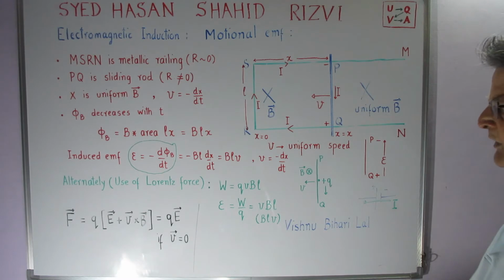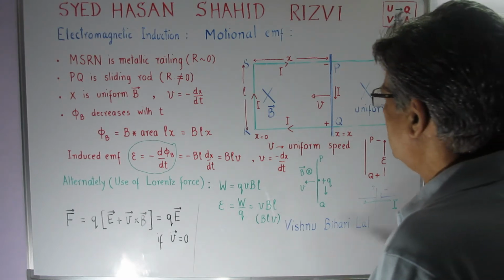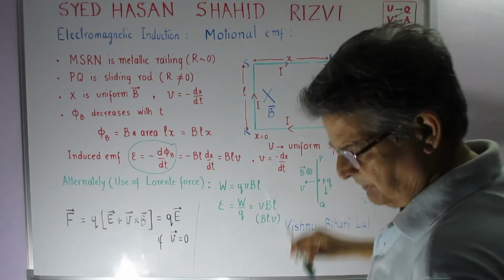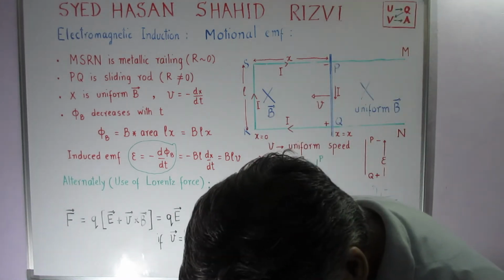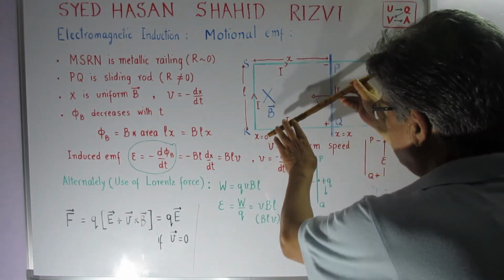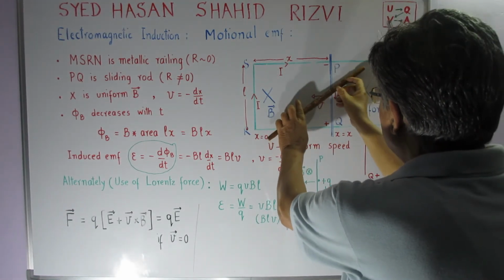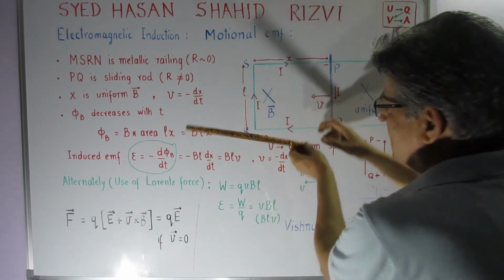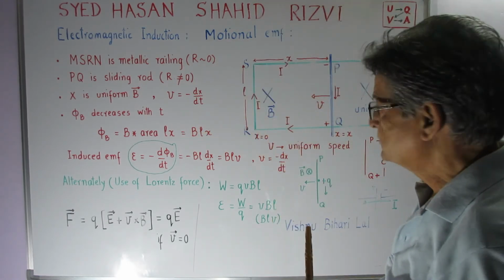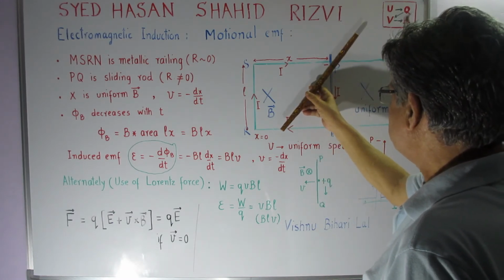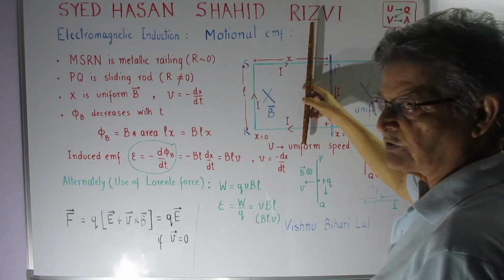Now, next we are going to take the case of a uniform magnetic field, and it's a very interesting case. Suppose at the center of a circular ring, like the rim of the bicycle, this is one of the spokes of the bicycle, and this is made to move like this.